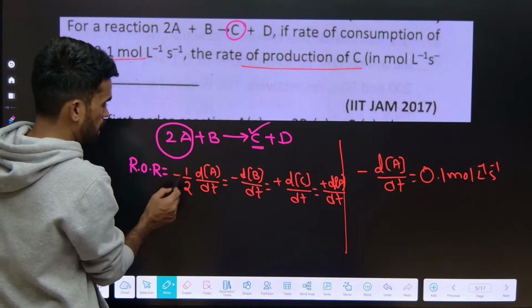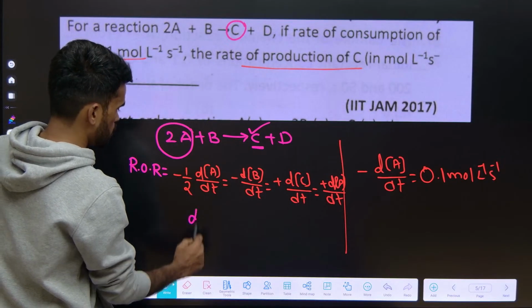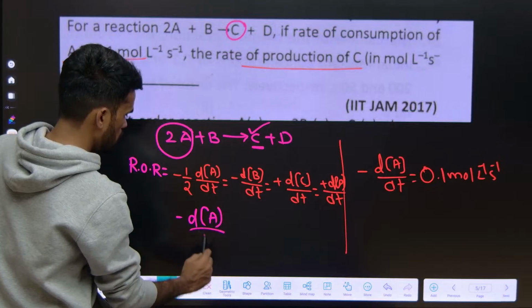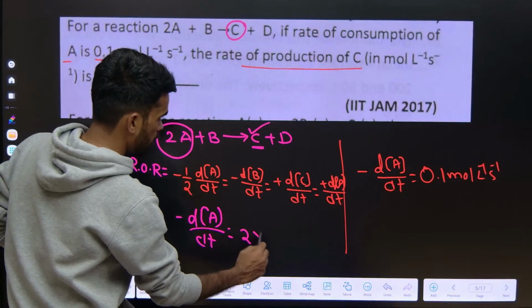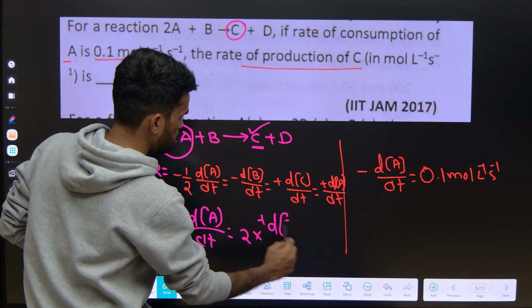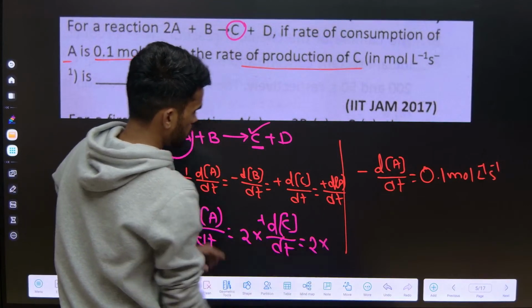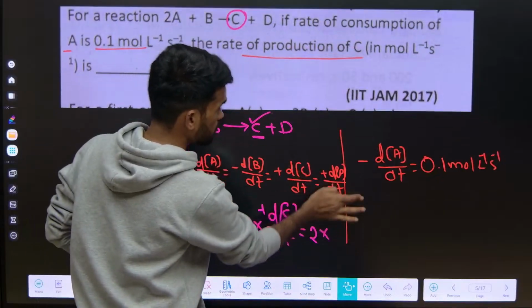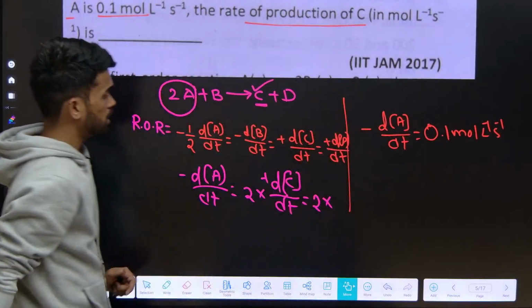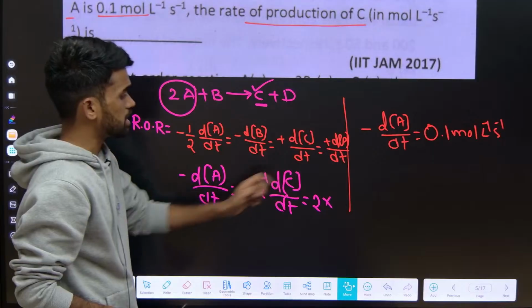So what is the relation? Minus dA by dt equals 2 times plus dC by dt. That's it. They have given the dA by dt value, and they are asking for dC by dt.